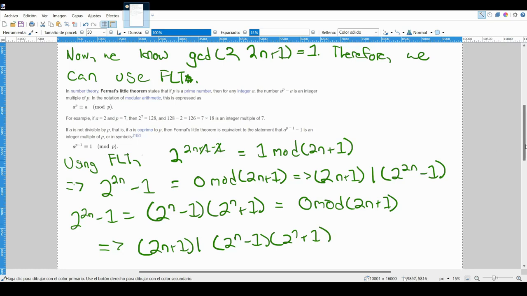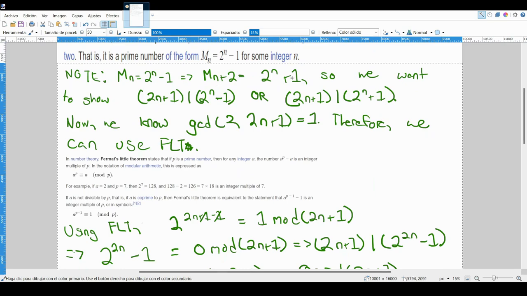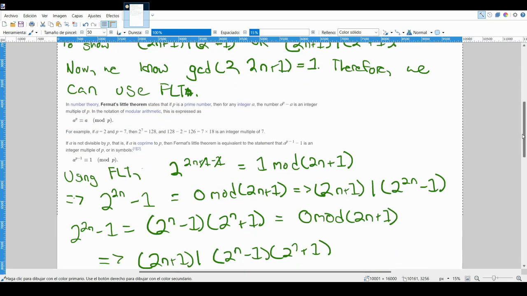Now recall how we defined our Mersenne number, that this is M_n plus 2 and this is 2^n minus 1.